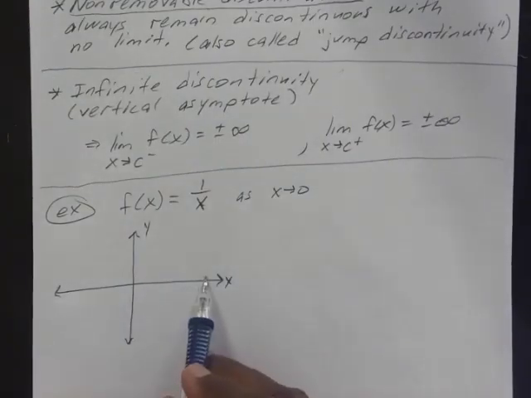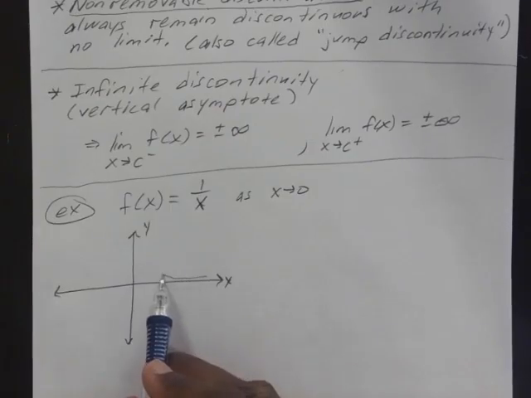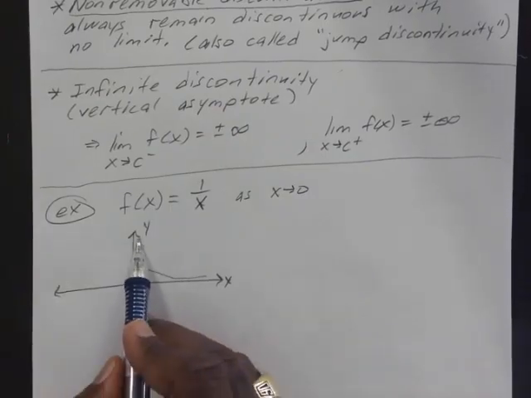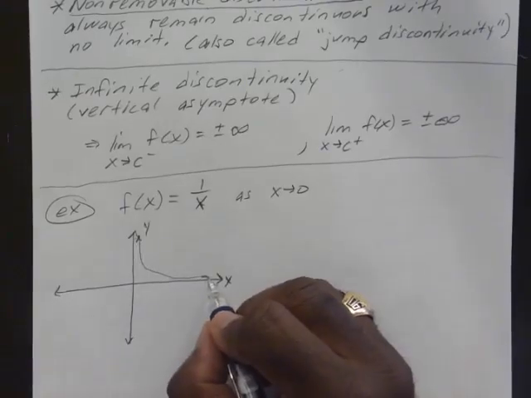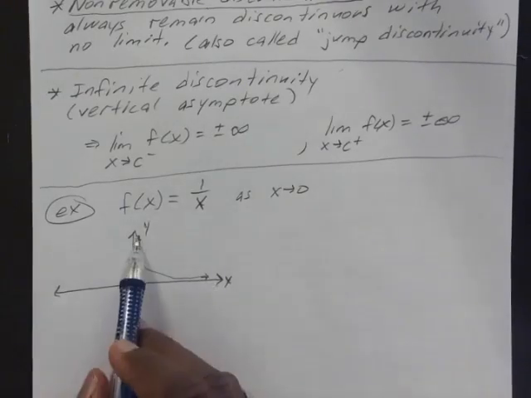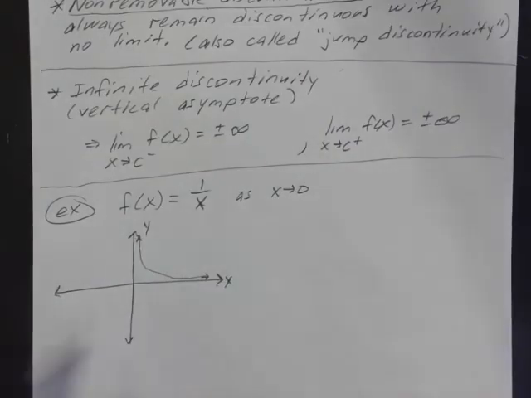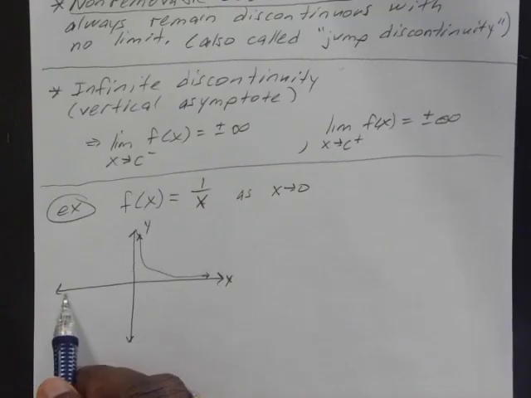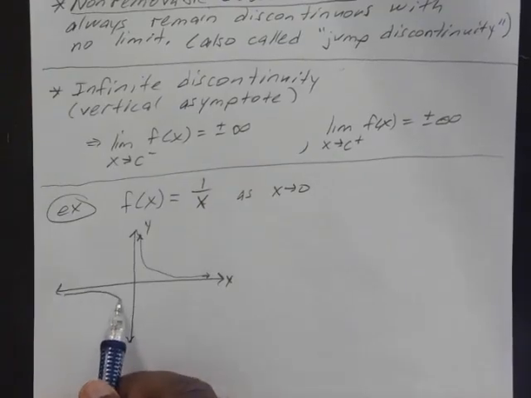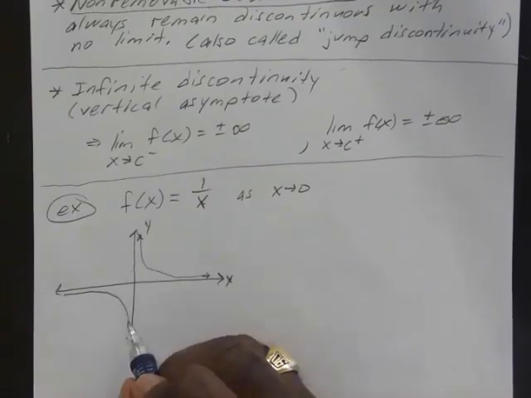Well, if you plug in your positive values, the graph kind of looks like this, and it keeps getting closer and closer and closer to 0, but never actually touches x equals 0. Same thing on this side. It just gets closer and closer without actually touching x equals 0.